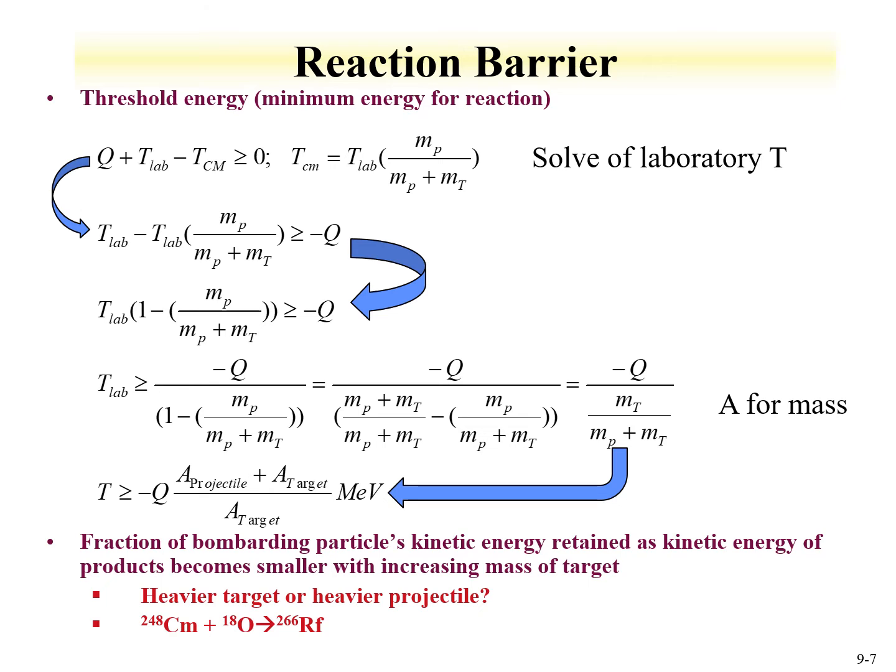And we come up with this very simplified equation where this threshold energy, this minimum energy for the reaction, has to be equal to the opposite of the Q value times the mass of the projectile plus the mass of the target divided by the target mass. So you can use this to evaluate whether we should use a heavier target or a heavier projectile. And as we discussed earlier, by inspection we could see that we prefer to use a heavier target if possible.